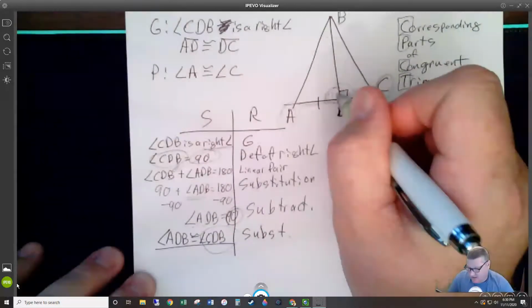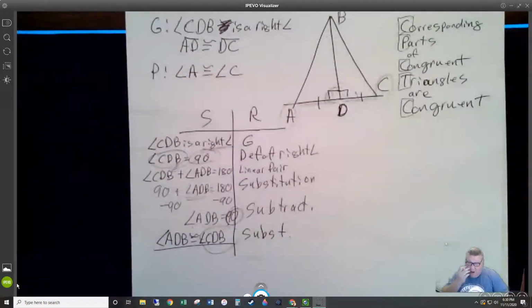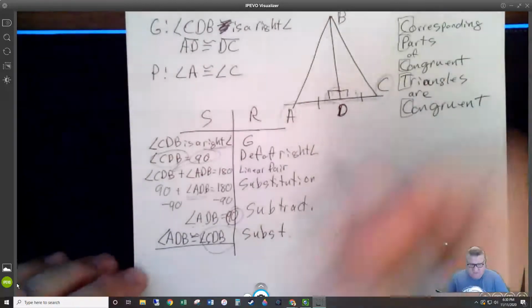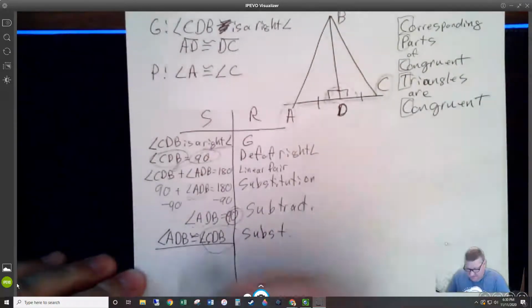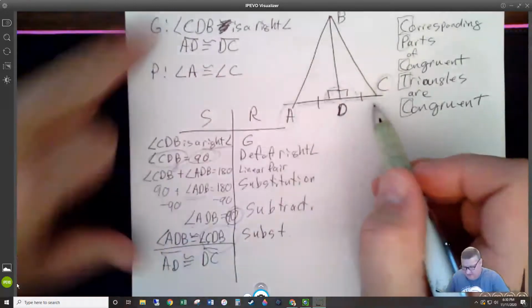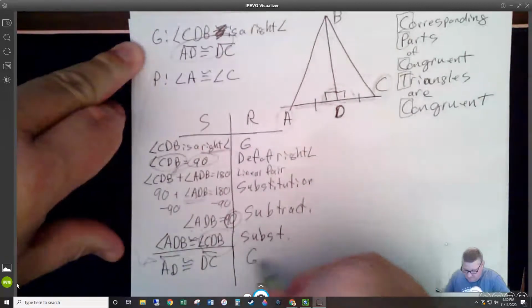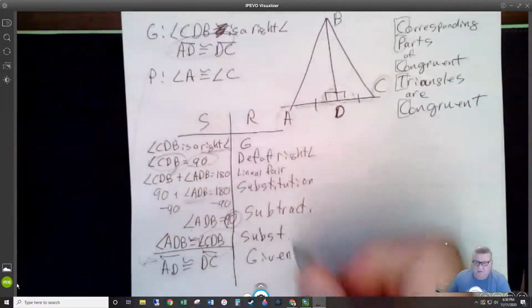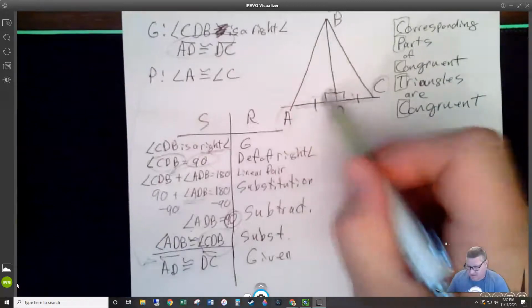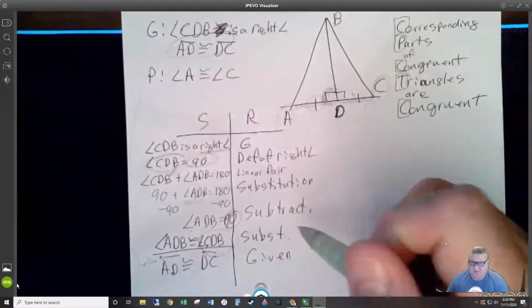You say, great. Those angles are both 90 and they're both congruent. Well, yes, they are. And now, if we put it together with the fact that we know that side AD is congruent to side DC, AD to DC, because that's a given right from the top, we're really close. We have one set of sides, one set of angles in each triangle. Now we just need to find another piece.